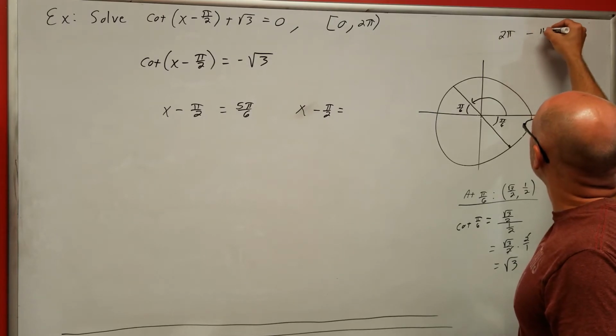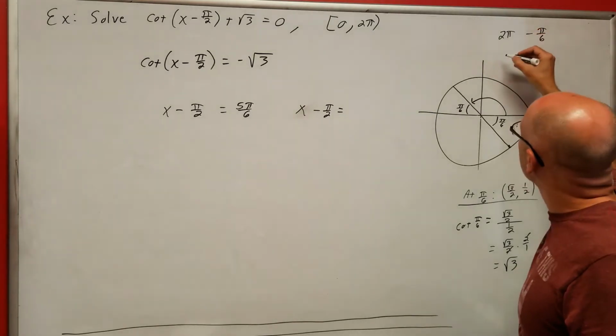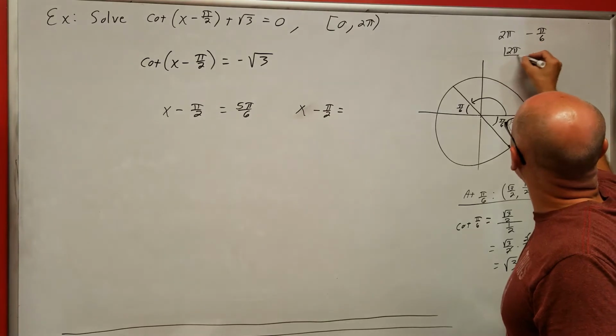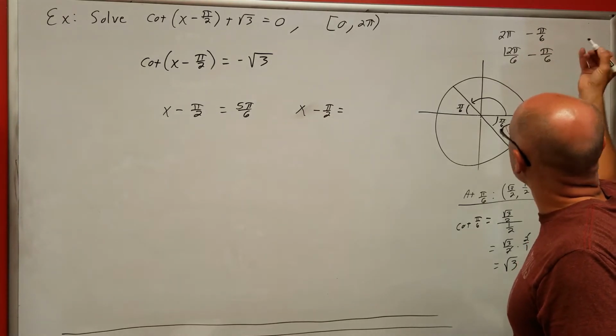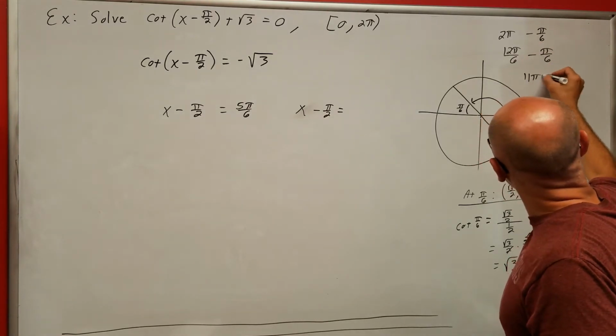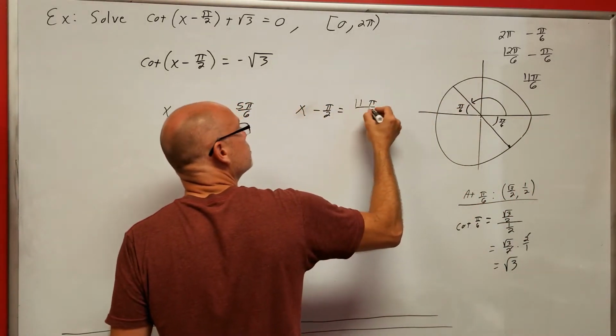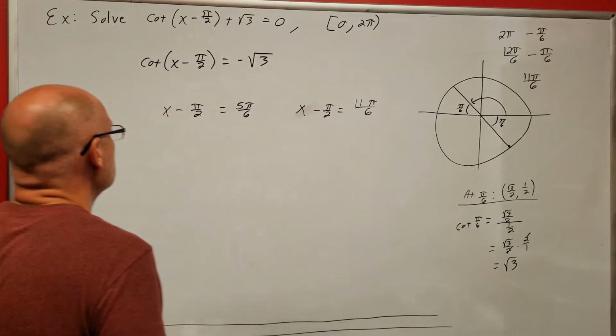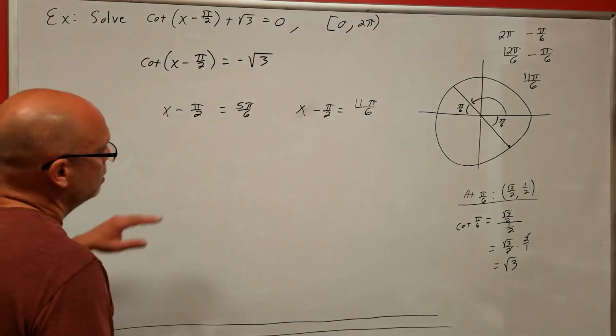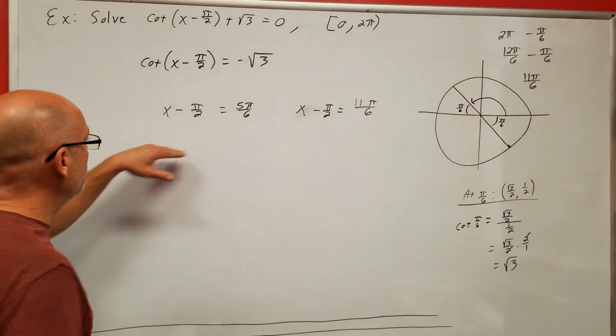Well, wouldn't that be 12 pi over 6 minus pi over 6, or what? 11 pi over 6. All right. So there we go. I got it set up pretty much right.